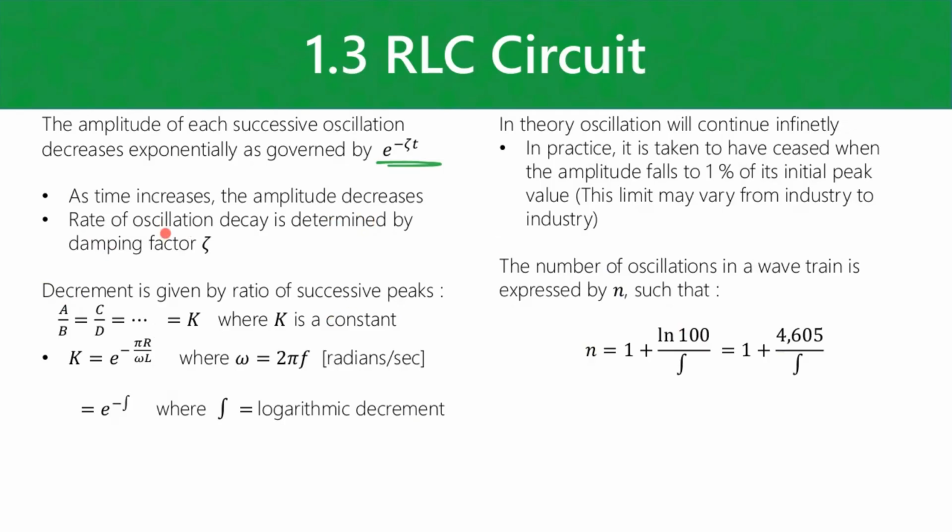The rate of oscillation decay, so how quickly the oscillation dies away, is determined by what we call our damping factor. It's usually indicated by a little squiggle that you can see there. Then we also have what we call the decrement, which is basically the ratio by which each successive peak decreases.